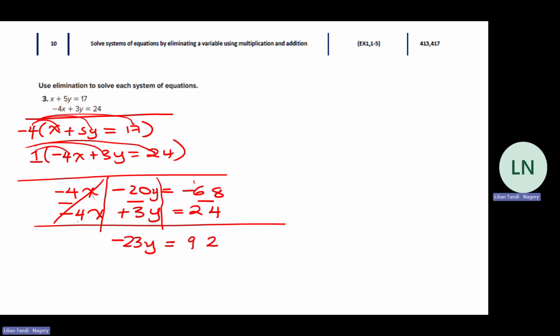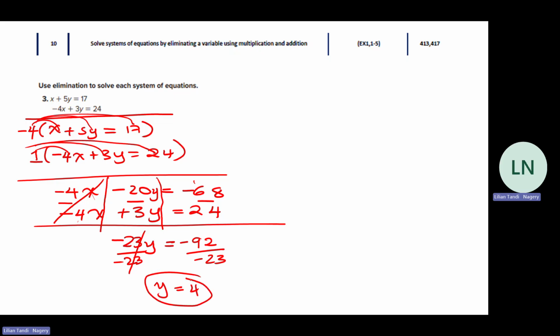Okay, but it should be negative, not positive. Should be negative 92. Divide both sides by negative 23. This goes away. So your y is 4.